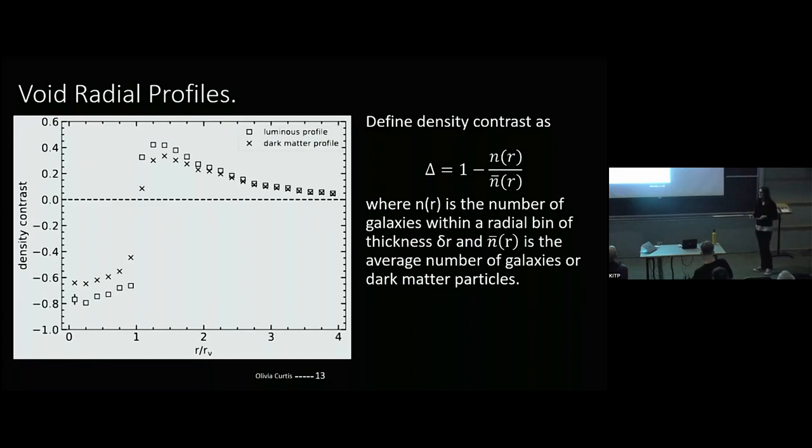This corroborates a growing body of evidence that's kind of concerning to observationalists, that shows that galaxies or luminous matter in general isn't necessarily a great tracer for the distribution of dark matter. The luminous matter isn't a good tracer of the dark matter contents of the universe.